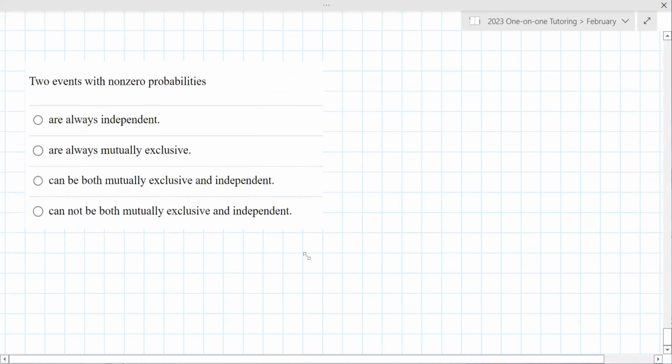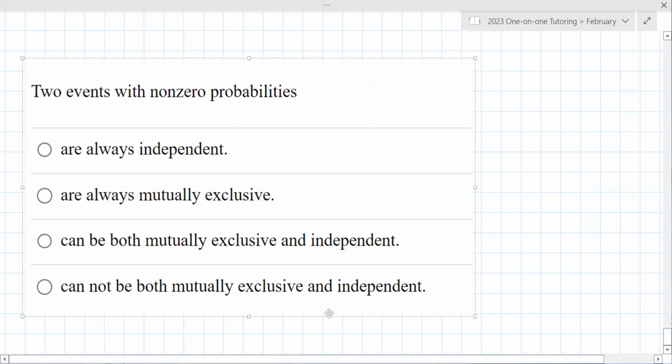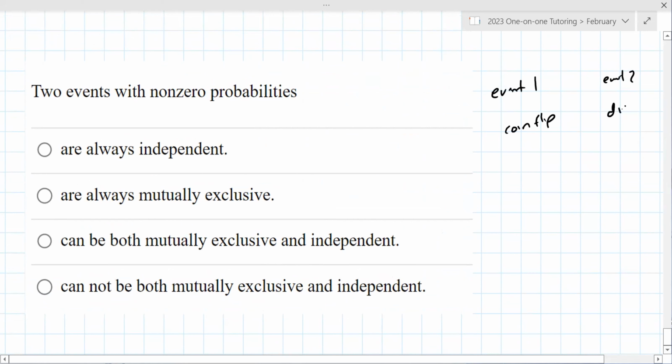All right, two events with non-zero probabilities. So think of event one, maybe a coin flip, and rolling a die. Sometimes it's good to give some context to these. And what this question is really asking is, do you understand these things like independence and mutually exclusive?